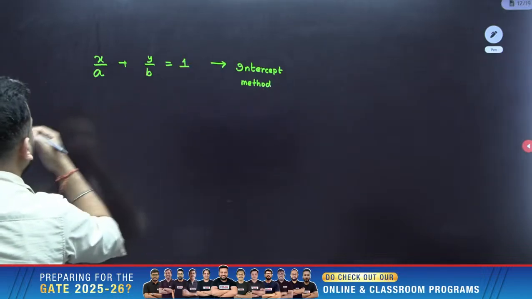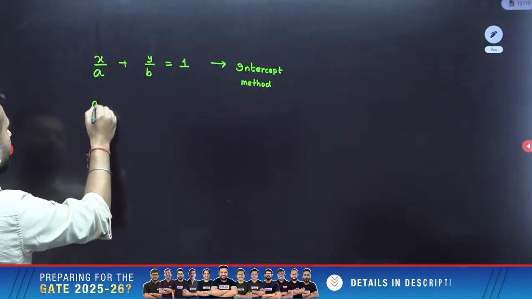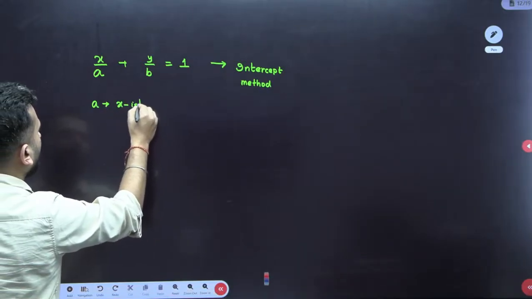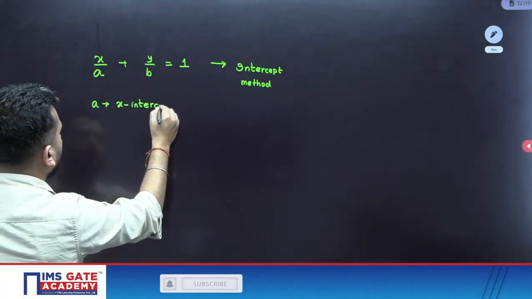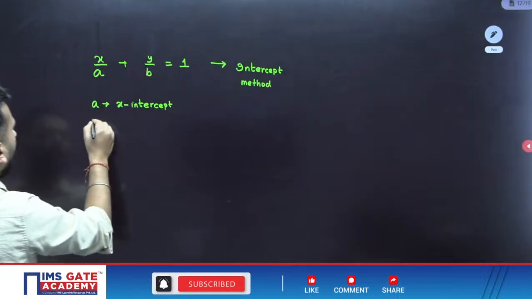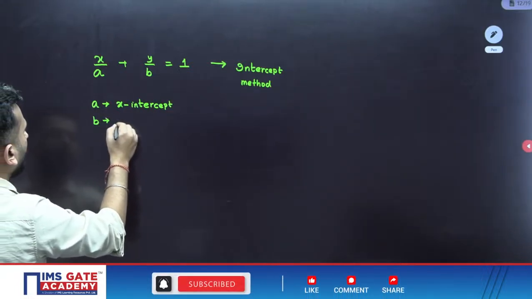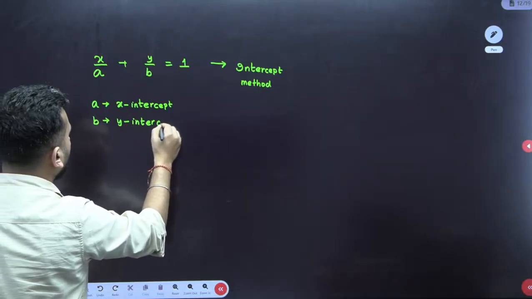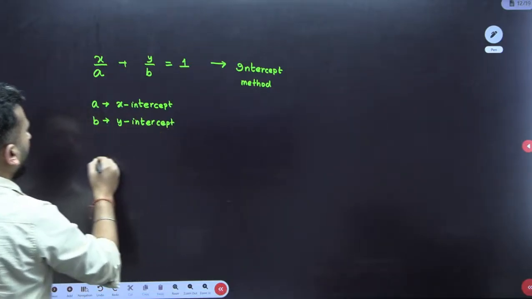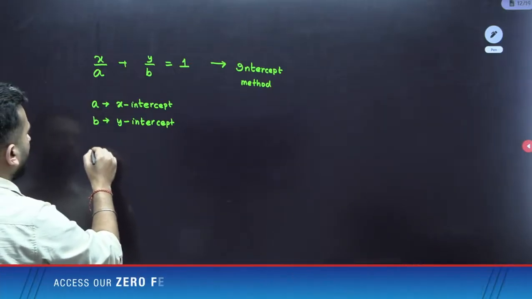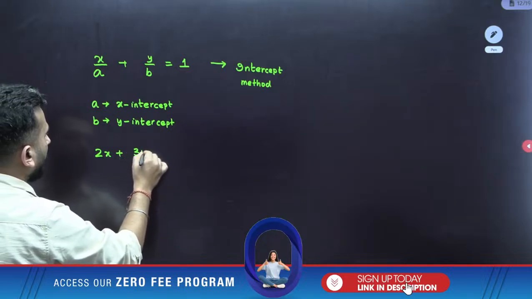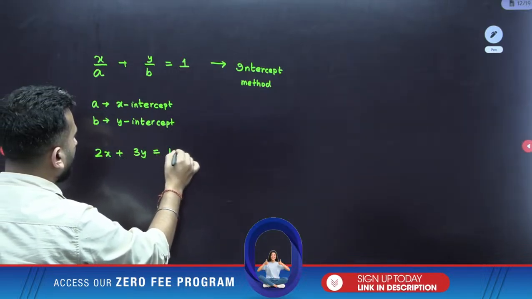So what is the intercept? Where a is the x-intercept and b is the y-intercept. For example, he has given you 2x plus 3y equals 12.